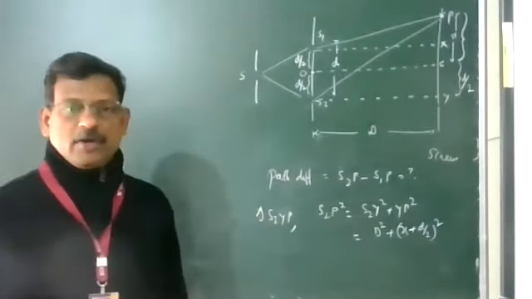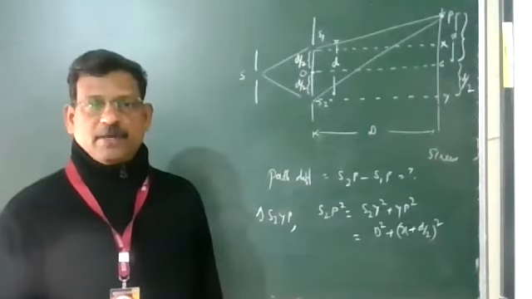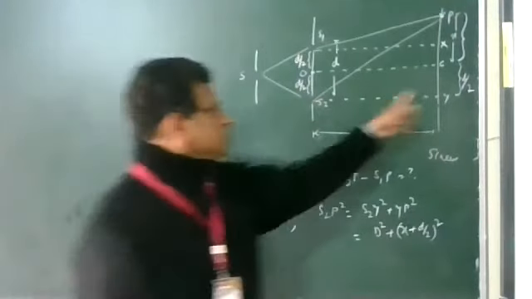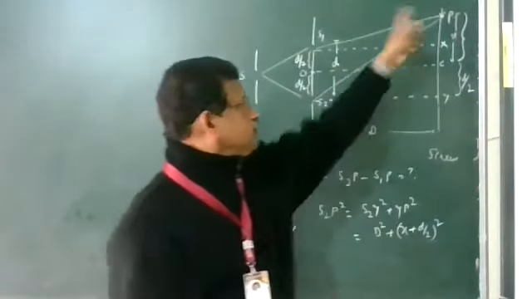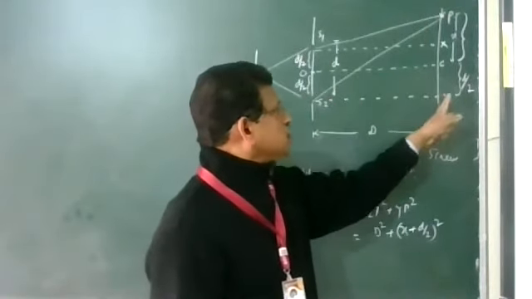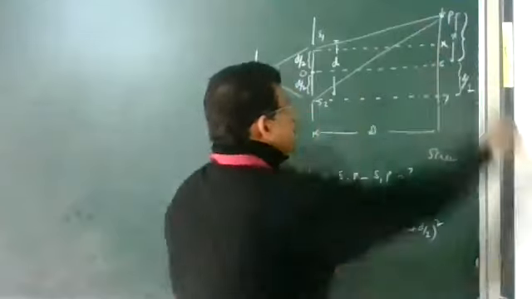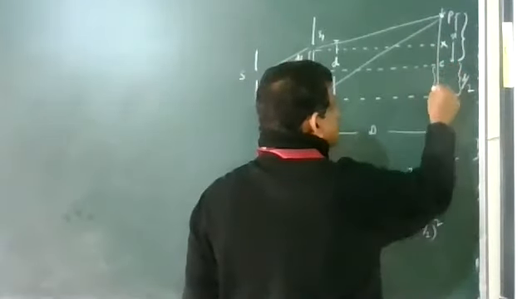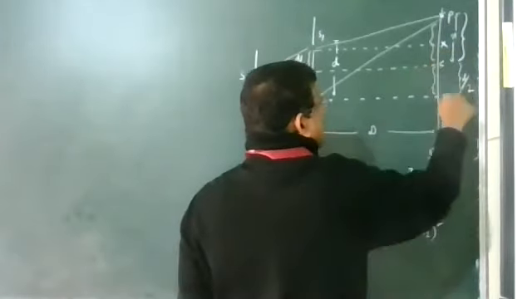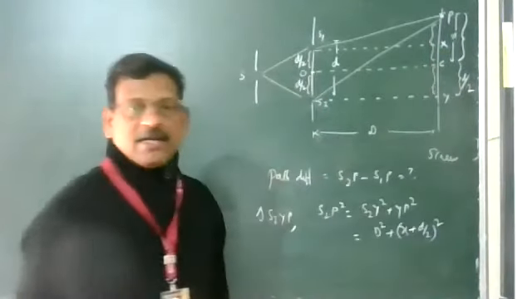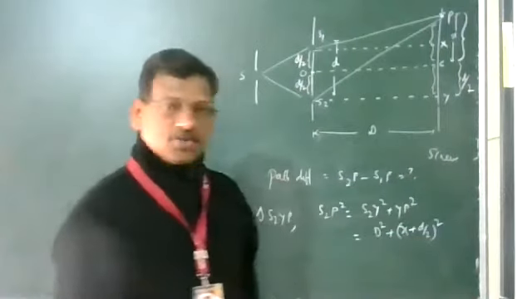You are able to find the path difference S2P minus S1P. Taking the triangle S2YP, S2P square equals S2Y square plus YP square. YP is from here to here distance x plus from here to here distance d by 2, so (x plus d by 2) whole square.